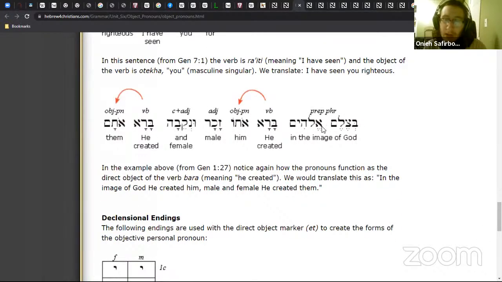In the image of God, or Elohim, created he basically, in the image of God, he created at him. So who did he create in the image of God? Was it directed at him? Male and female he created. Who did he create, male and female? At them.